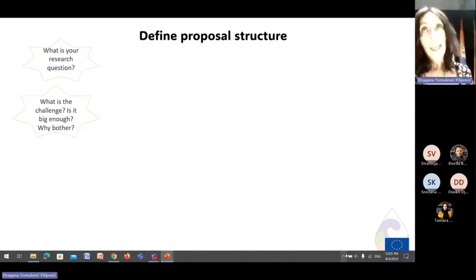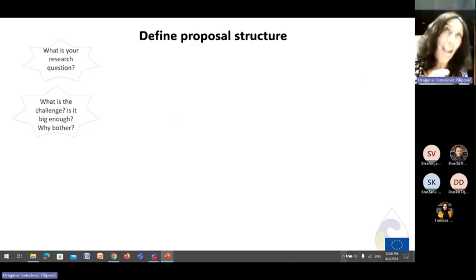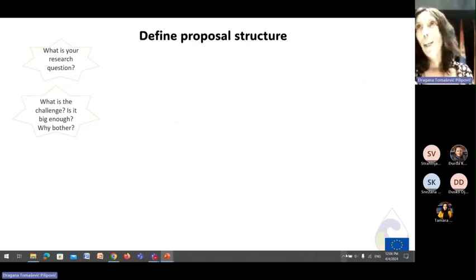If it is top-down, the challenge normally is already defined, at least the big challenge. But within the big challenge, you find the small challenge that your proposal deals with. So for example, microplastic in water, you can say, okay, microplastic in water in the Mediterranean area, in the sea, in the lake, etc. So you define the challenge.